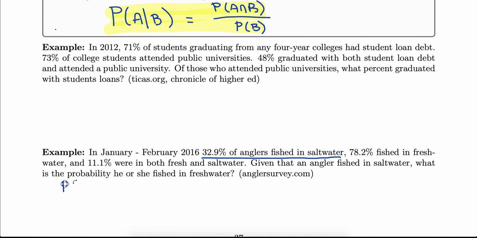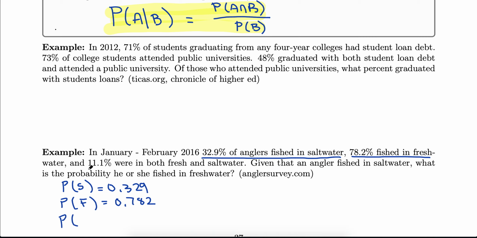So the probability of salt water, I'm going to use S for salt water, is 0.329. Keep reading, 78% fished in fresh water, so the probability of fresh water is 0.782. Notice I'm writing these all as decimals. Make sure you do that. Probabilities, we said, are decimals between 0 and 1.